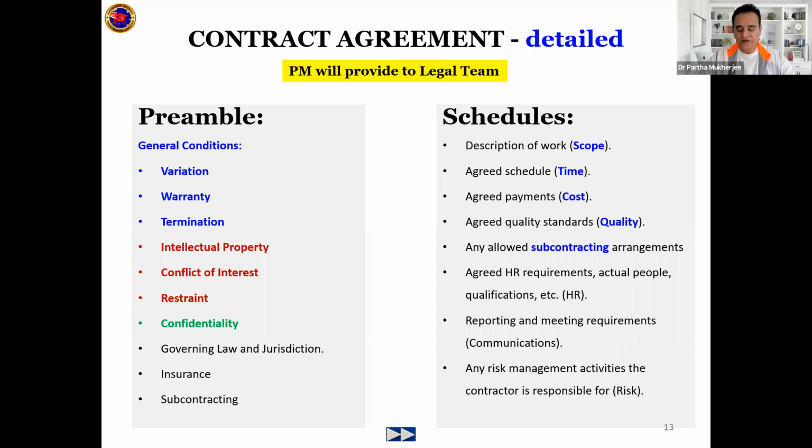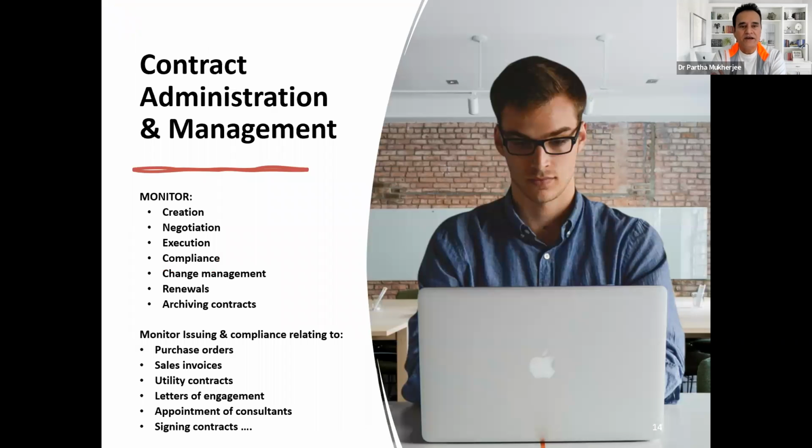Now, once you have given the preamble and the schedule well thought out, the last part is the administration or management of the contract, because the contract is signed, sealed, agreed by both parties. Now implementation has started, so you're monitoring the contract. So in the procurement contract, what will you monitor?